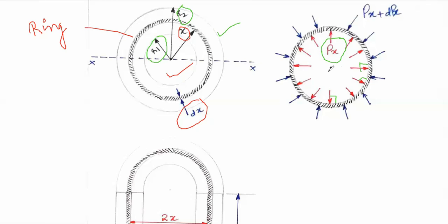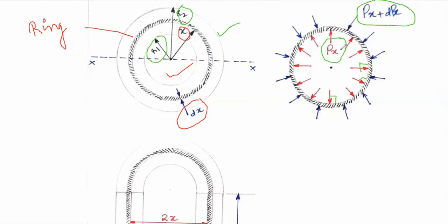Right? Now, since it is an elemental ring, internal pressure is Px. Now, there is some external pressure which will be acting on the outer surface of the cylinder. Okay. Now, here, since I consider an elemental ring, that pressure on the outer surface of the elemental ring I will take as Px plus dPx.